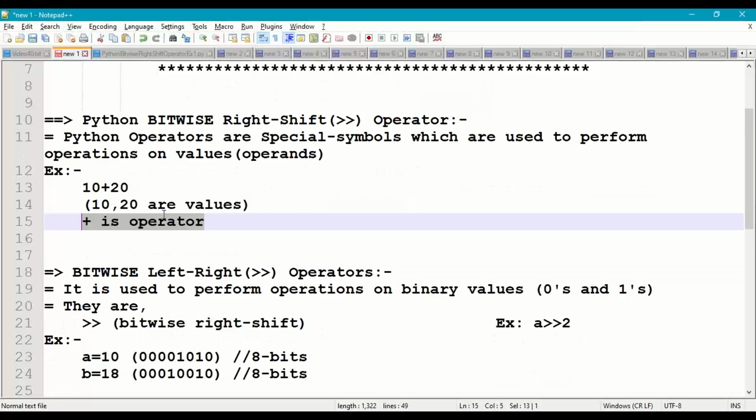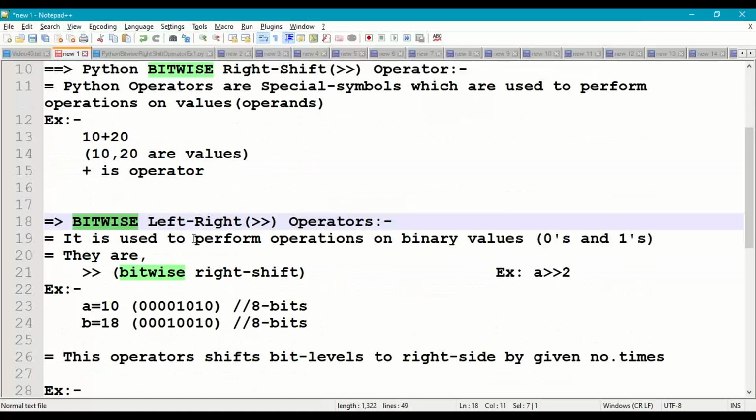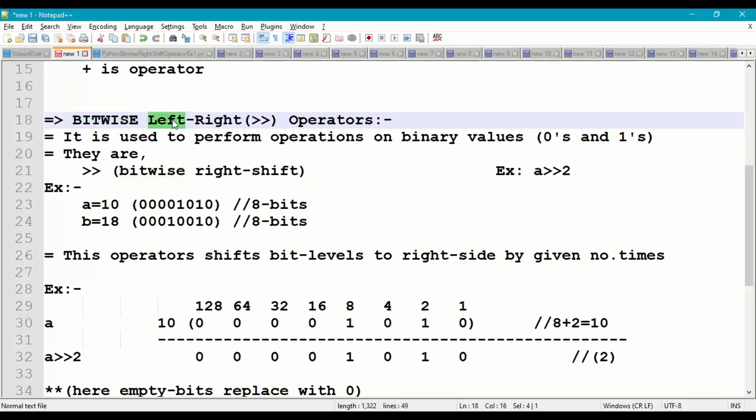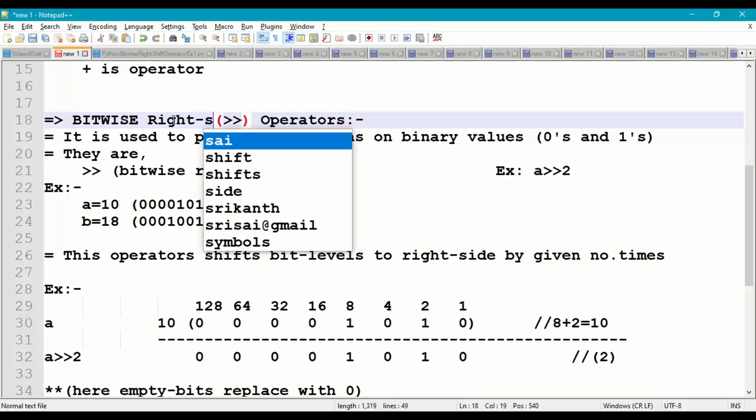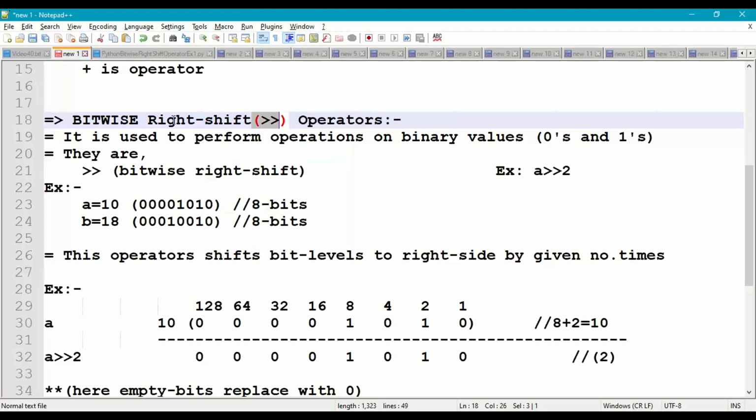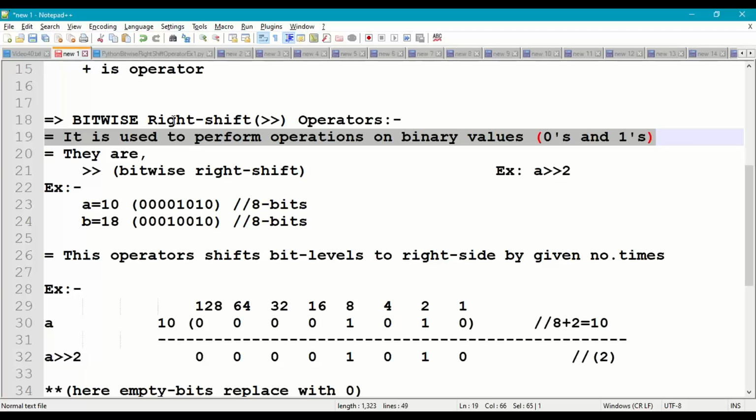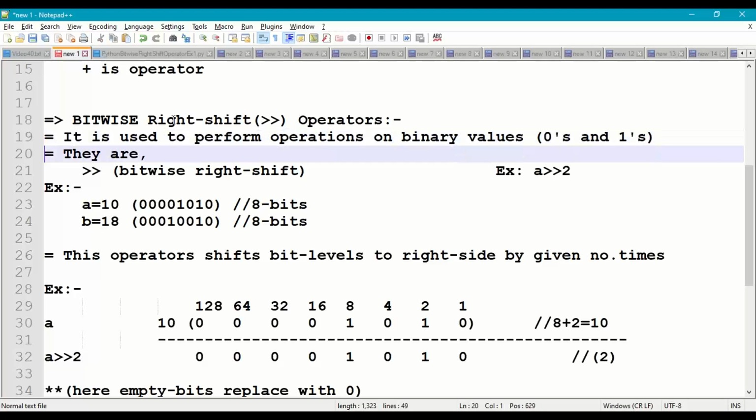Now let us consider the bitwise right shift operator. The right shift operator is represented with two greater than symbols. It is used to perform operations on binary values of a given number, which are zeros and ones.